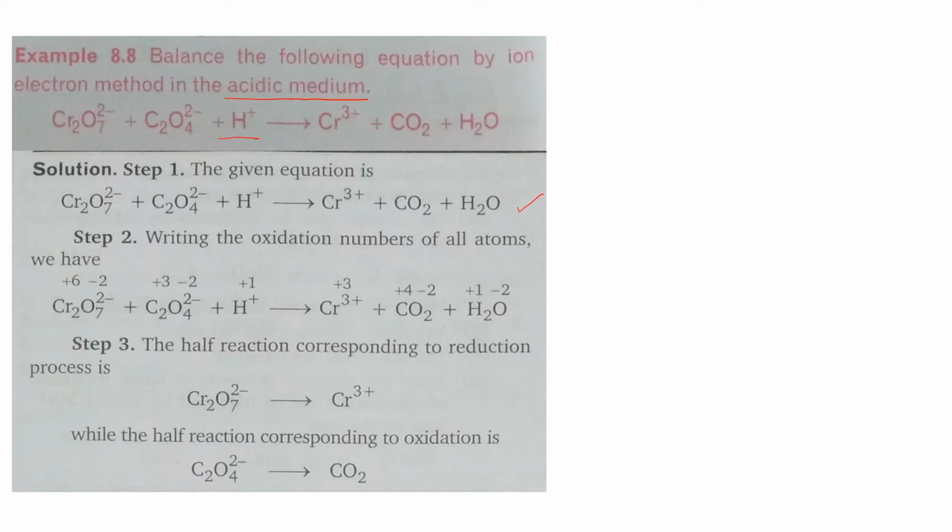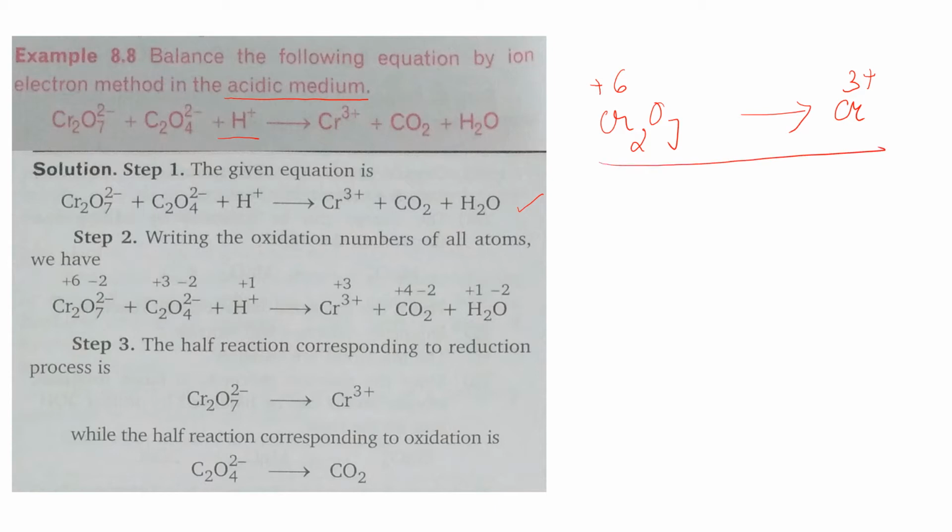So here we can see that this chromium in Cr2O7 is plus 6, it is going to Cr3 plus. So that means it is less in oxidation number. Okay, so that means it is undergoing reduction.